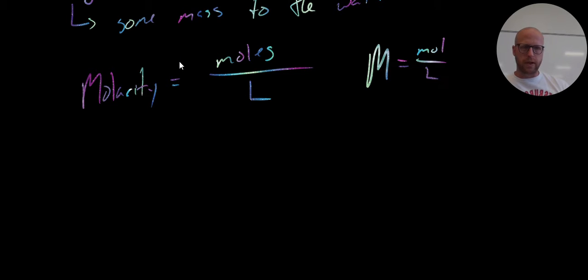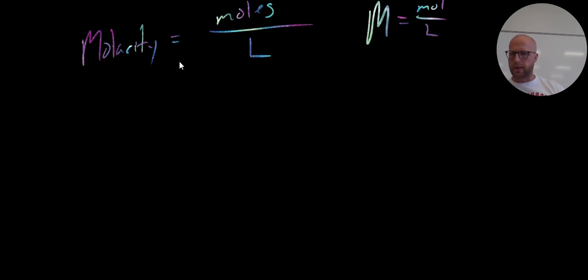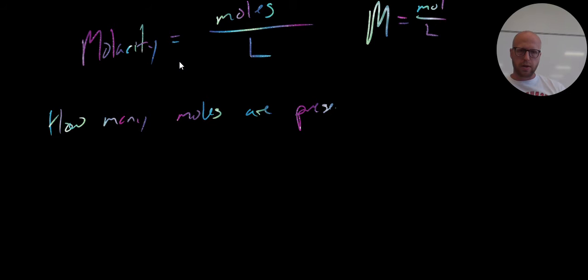Moles over liter. So let's do an example problem real quick. Let's take a look at it. How many moles are present in 10 liters of a 0.5 molar solution of HCl?